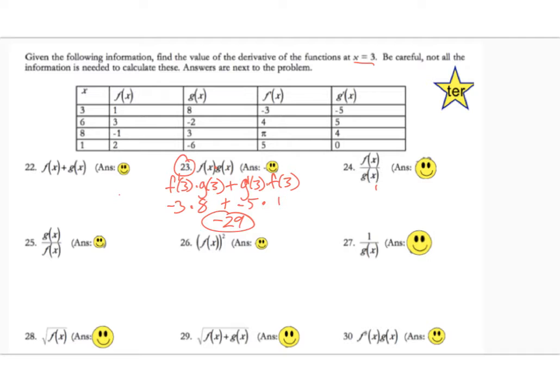We've got a quotient rule. We've got a quotient rule going the opposite way. Let's take a look at 26, and then I want to talk for a minute about that awfulness of 30. So here we've got this function squared. I'm going to rewrite this as 2f of x to the first.